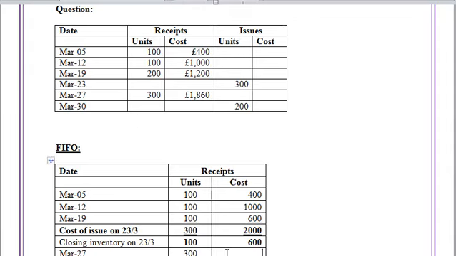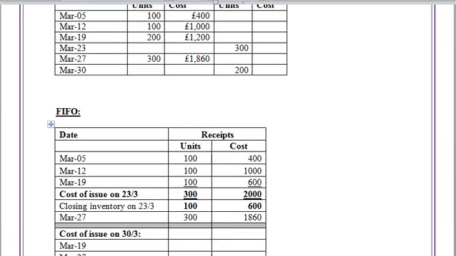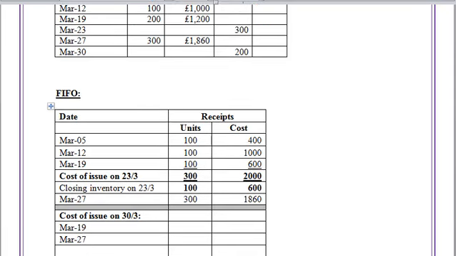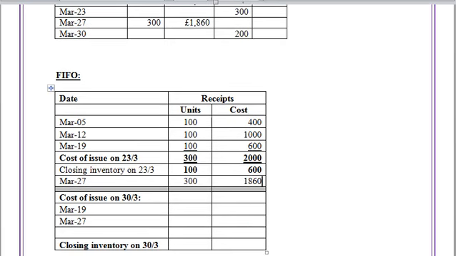I'm just throwing that in there, literally. On the 30th of March, we issued out 200 units. So it is now your task to find the value of the 200 units that you issued out on the 30th of March.